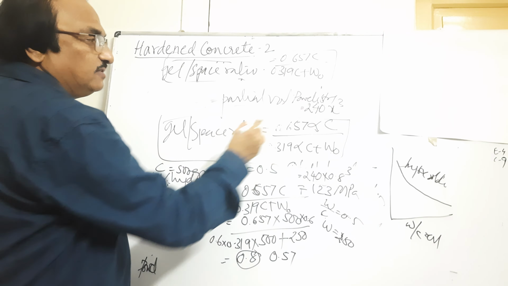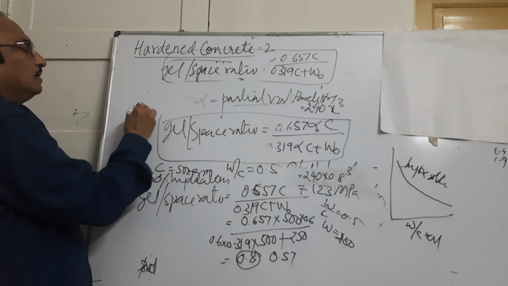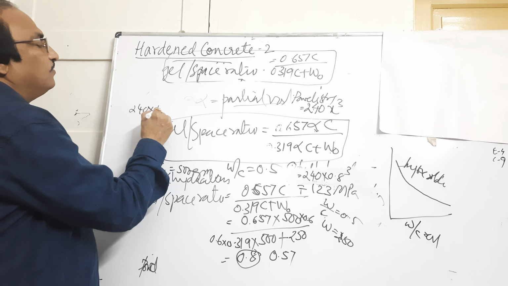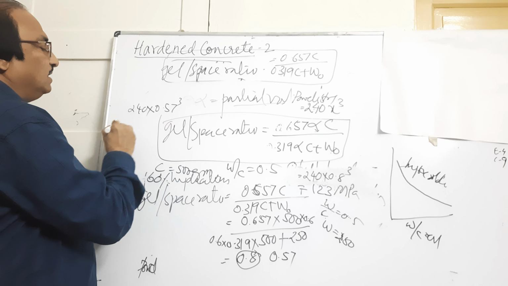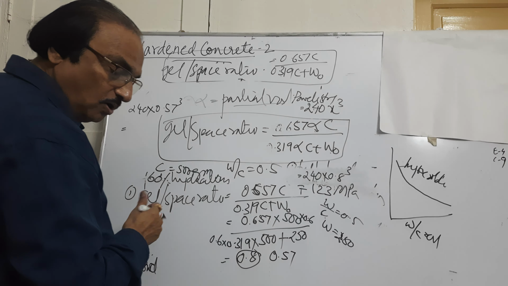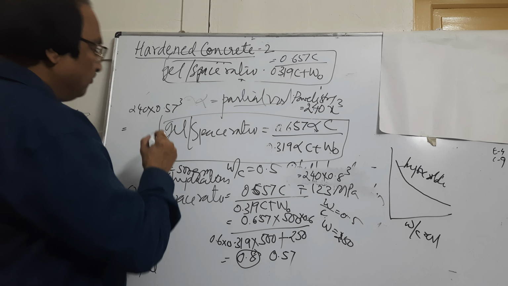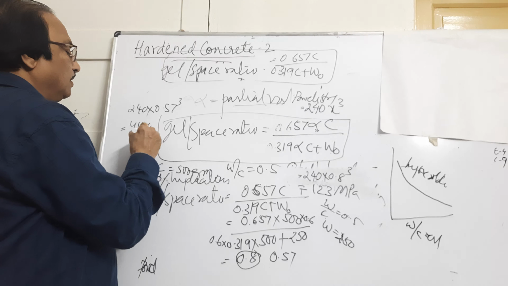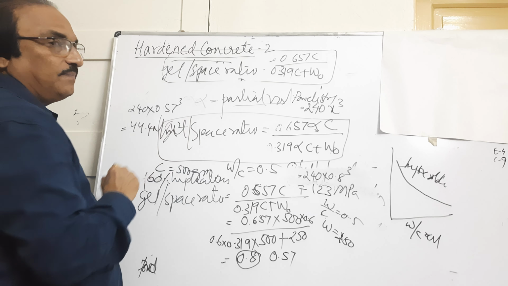Now Powers' strength will again be 240 into x, where x is 0.57, to the power of 3. So this will give a value of 44.4 Newton per mm square or MPa.